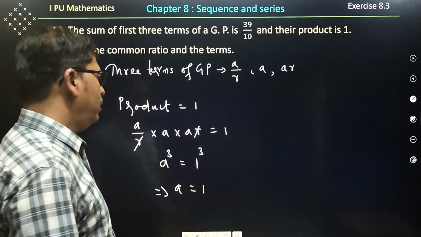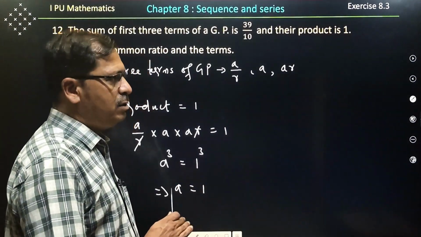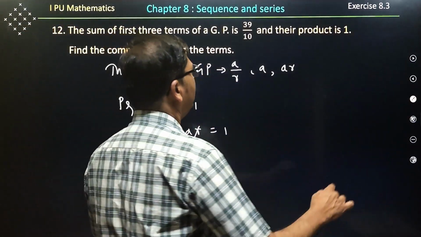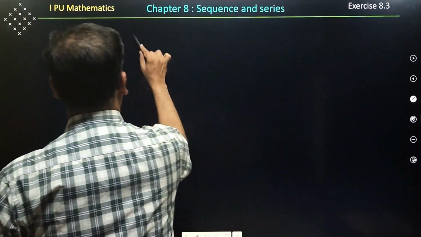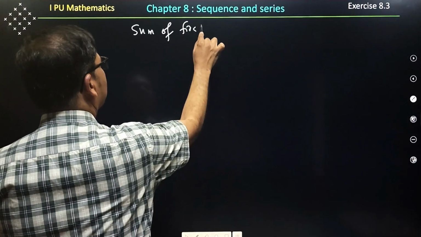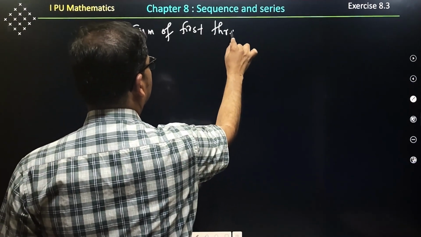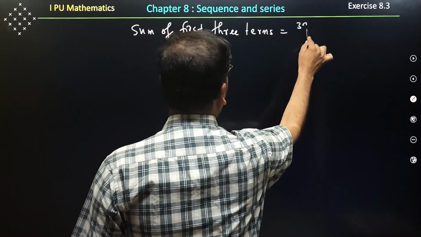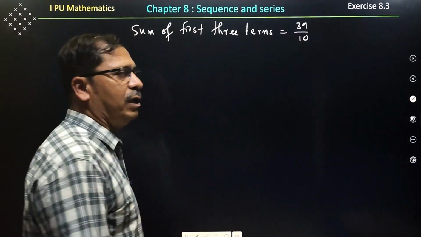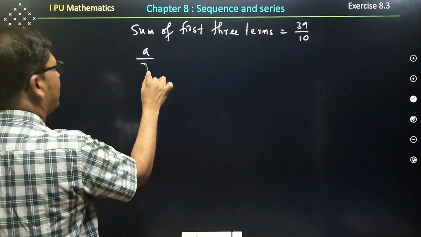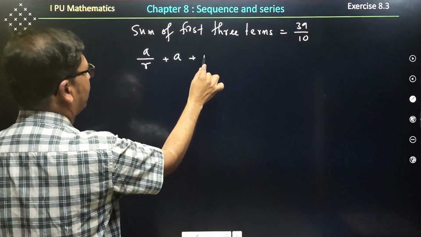So keep in mind this. Second link you use here. Sum of the first 3 terms is 39 by 10. The sum of the first 3 terms is equal to 39 divided by 10. First term is A by R, second term is A, third term is AR.